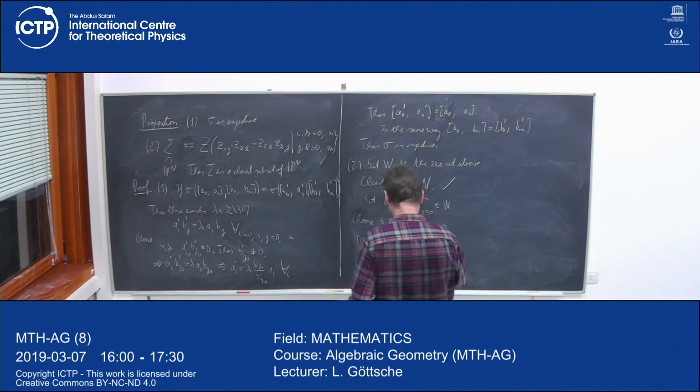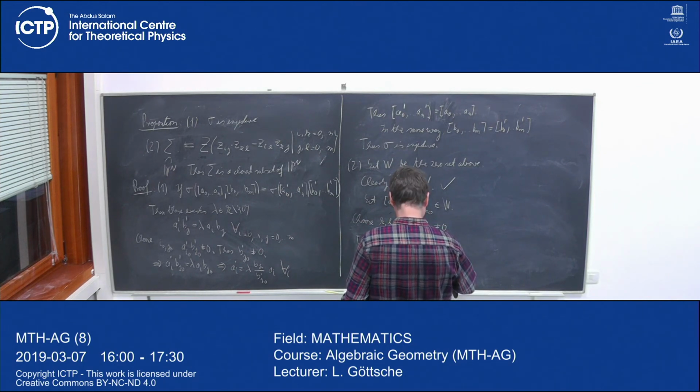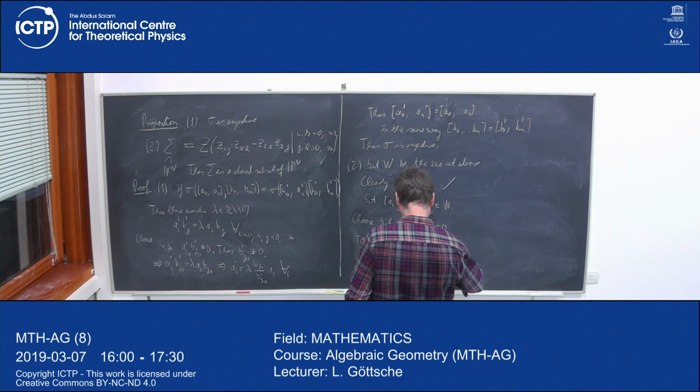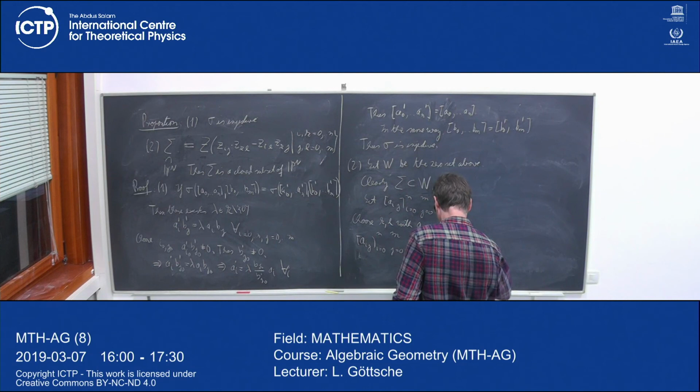So this is obviously the same as the set A_ij times A_kl, and we still have i goes from 0 to n, j goes from 0 to m.